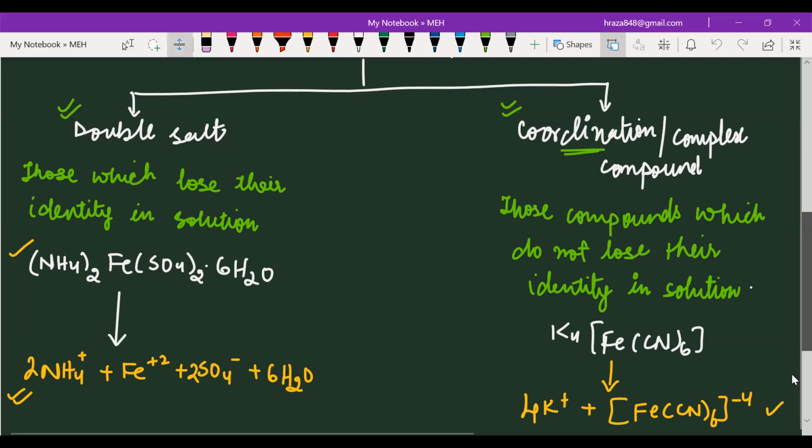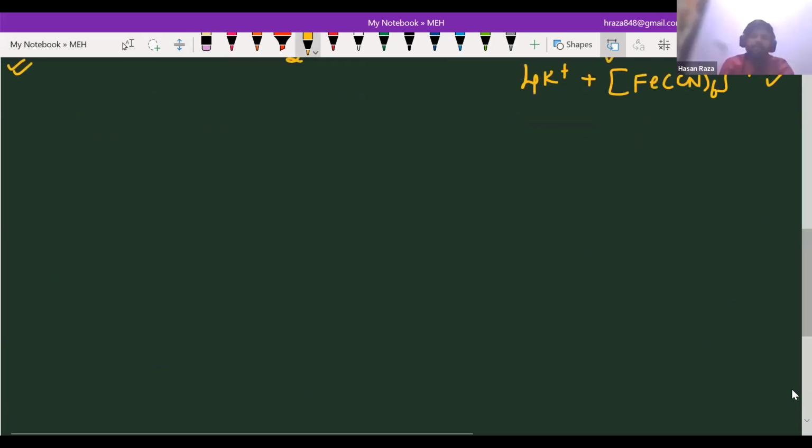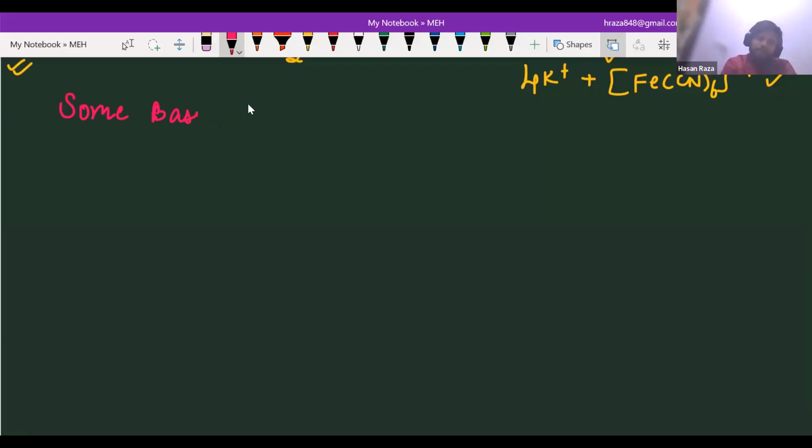Now we are going to talk about some basic terms. Before that, I will explain some basic terms, right? Some basic terms. This is the square bracket. Generally, the complex is denoted within a square bracket.